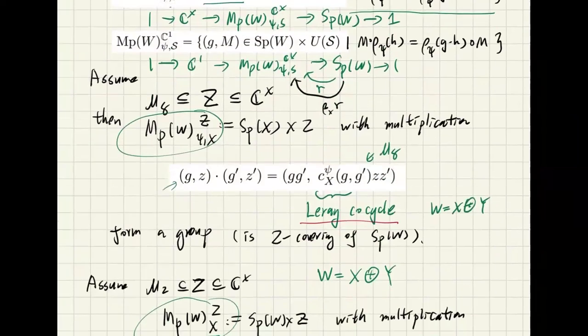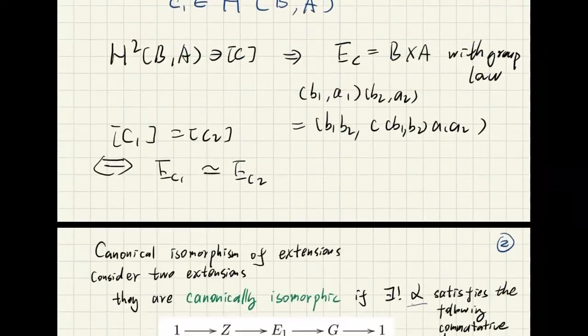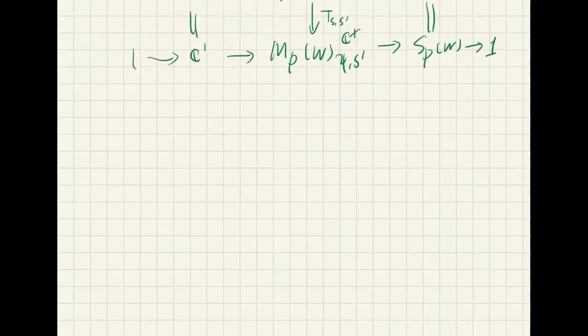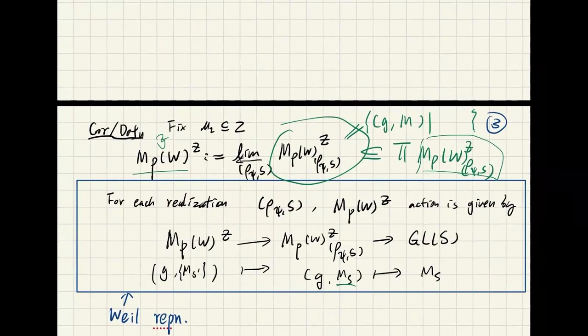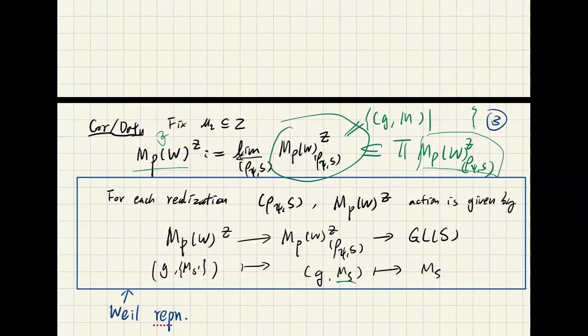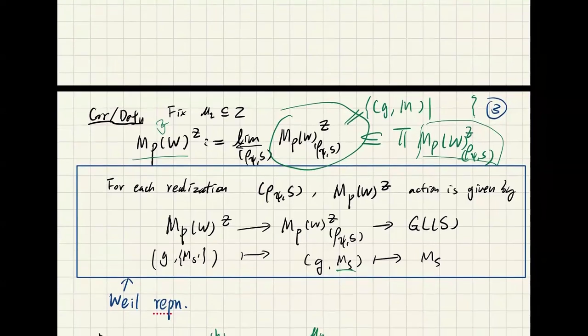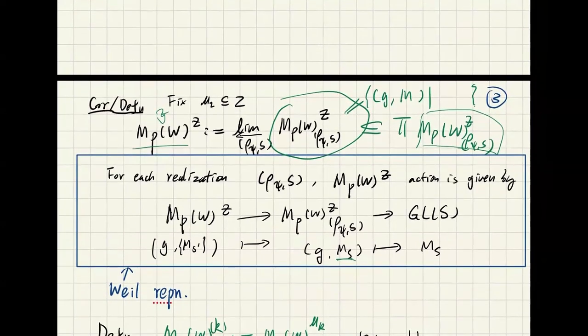The limit can be taken over all possible psi, and then you have a unique isomorphism between each of the concrete realizations. Therefore, the metaplectic group here has no reference to the additive character psi.